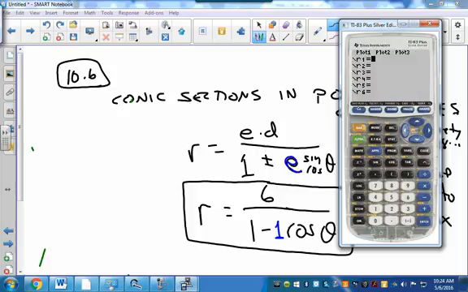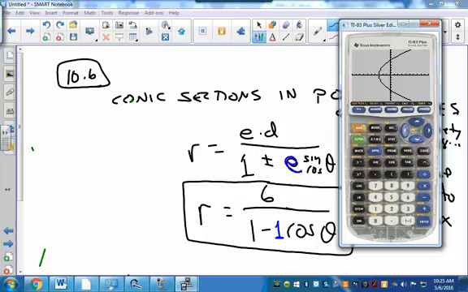Go to r equals and type in 6 divided by 1 minus the cosine of theta and verify that you get a parabola. And sure enough, we see a parabola.